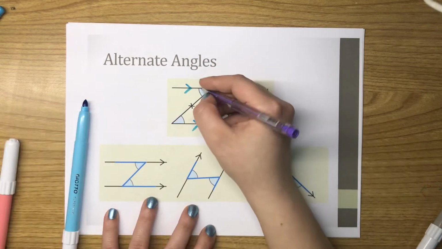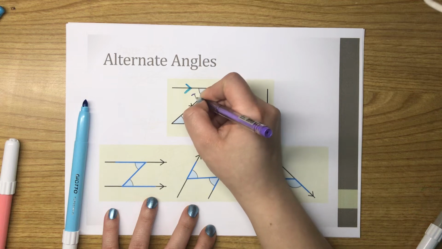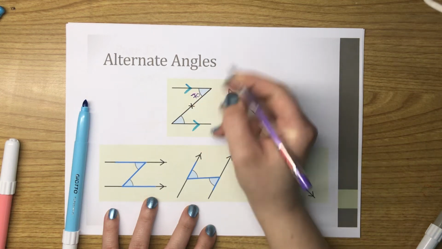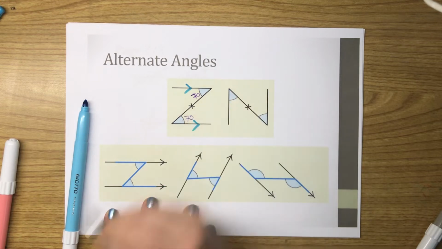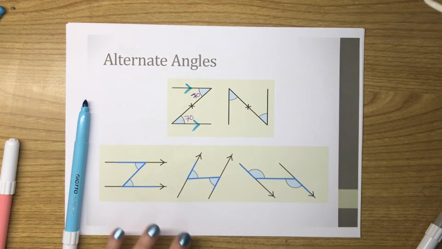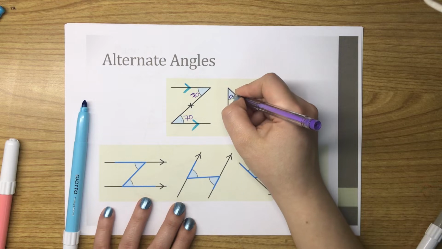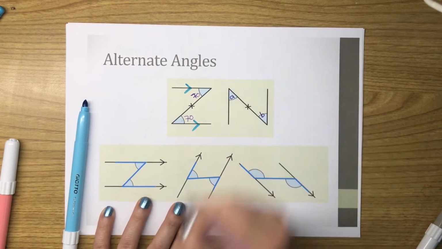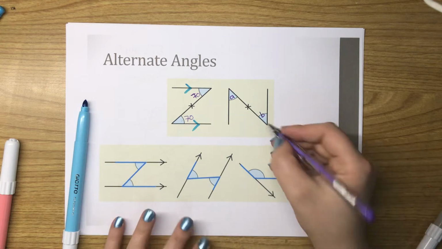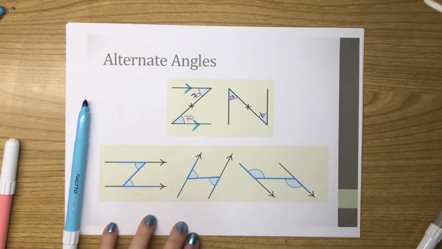For example, if this one was 70, the other one will be 70. So these angles are alternating with each other. A and B, those angles are alternating and they are equal to each other.